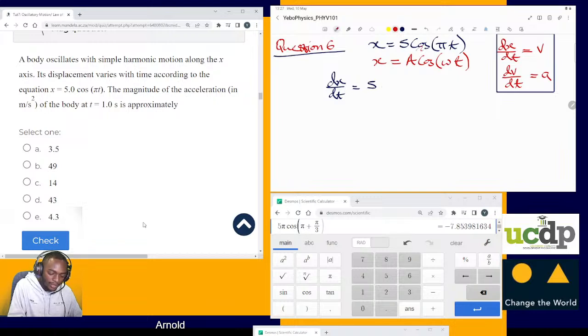If you differentiate cos, you'll get negative sine, right?